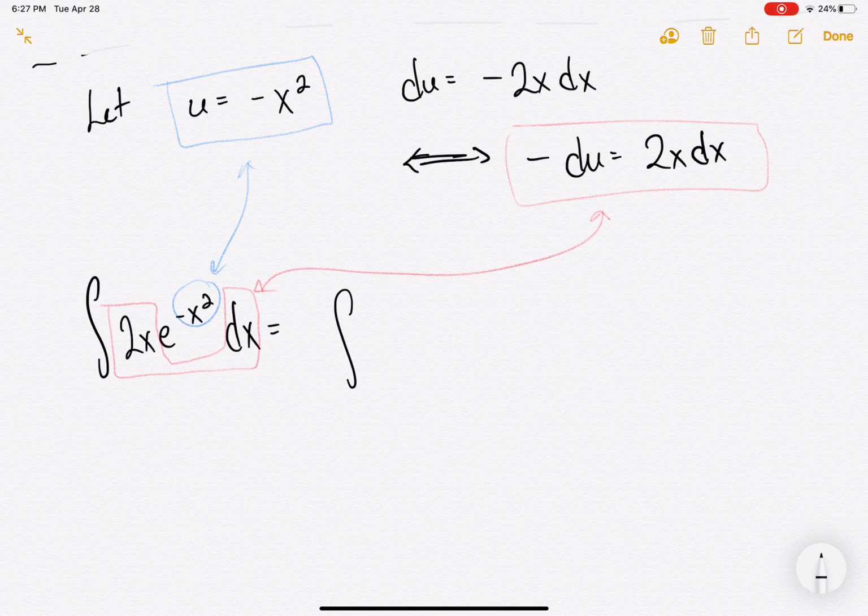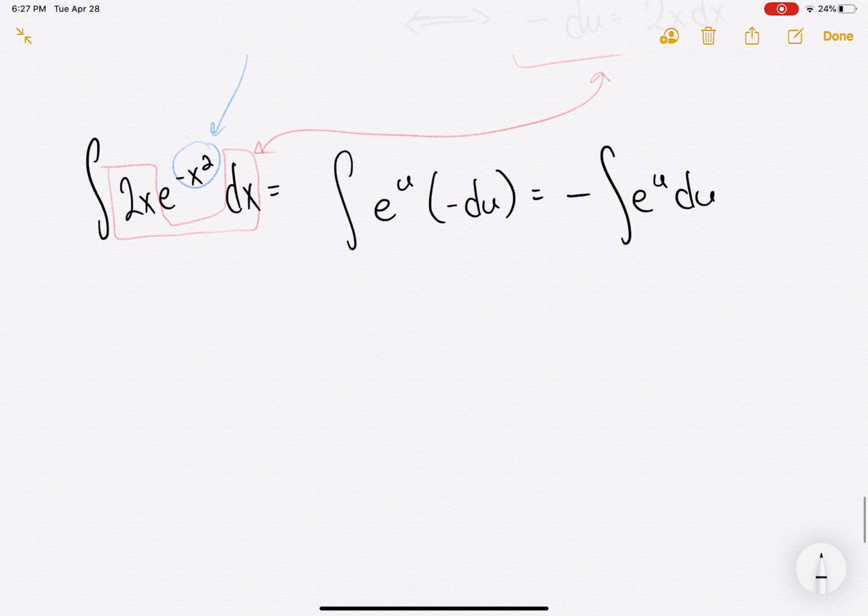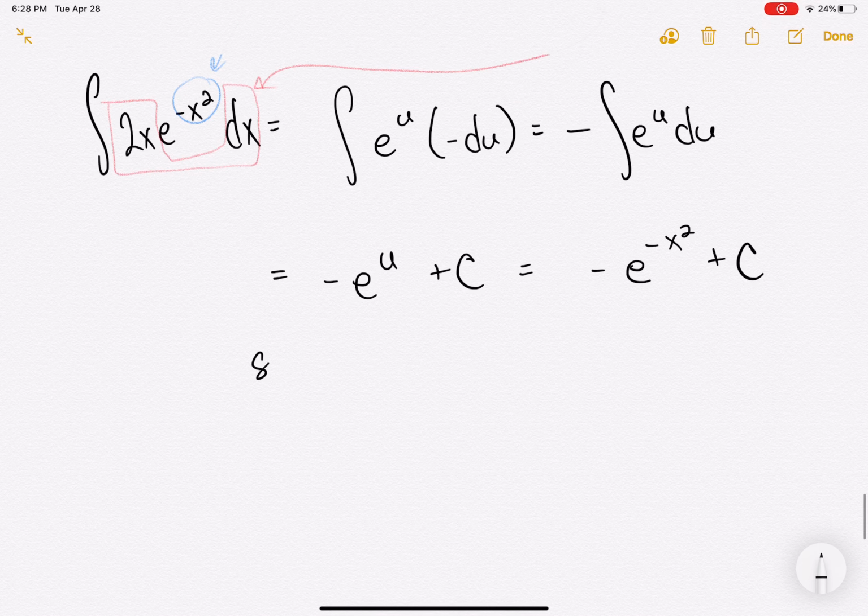That puts me at integral e to the u negative du, also known as negative integral e to the u du, equals negative e to the u plus c equals negative e to the negative x squared plus c. So this is the antiderivative.